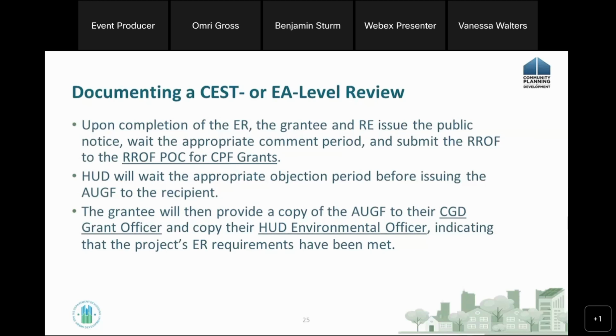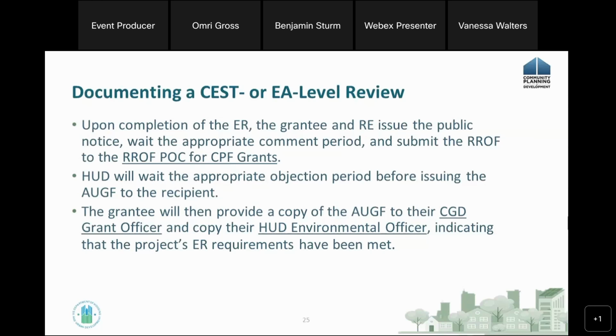So some ways that you can document a copy of the authority to use grant funds is if the responsible entity would take a screenshot of the completed authority to use grant funds screen, or if you generate the final version of the environmental review record, on the first page of that downloaded Microsoft Word document, there will be a section for authority to use grant funds, 70.1516.